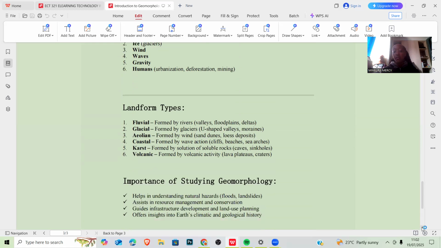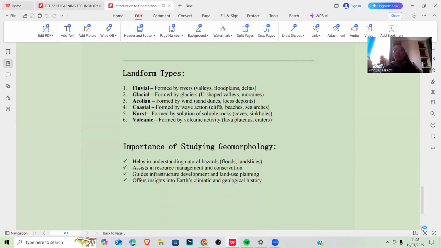So, landform types. There's fluvial, which is formed by rivers: valleys, floodplains, deltas. There's glacial, formed by glaciation. Aeolian processes are formed by wind.